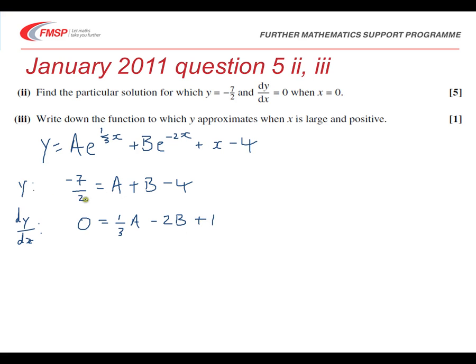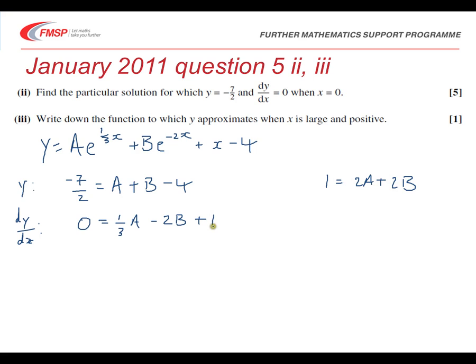So looking at this here and multiplying through by 2, I get 2a plus 2b minus 8, and I can add on the 8, and I get 1 equals 2a plus 2b. There's a variety of ways you can solve these simultaneous equations.